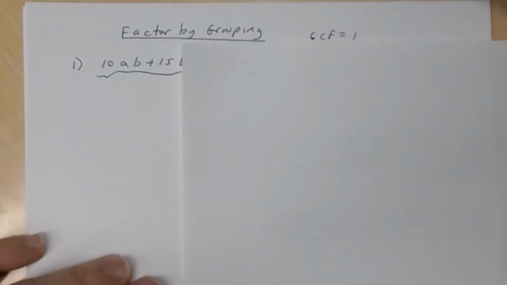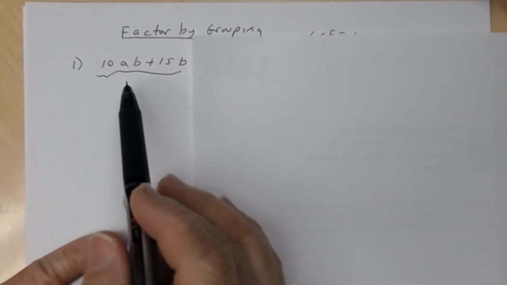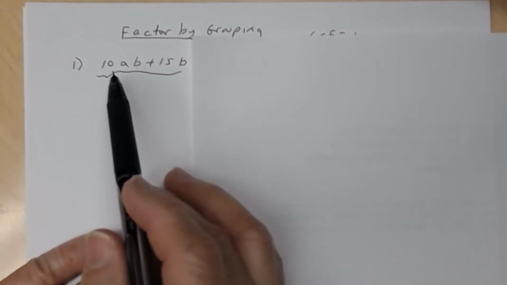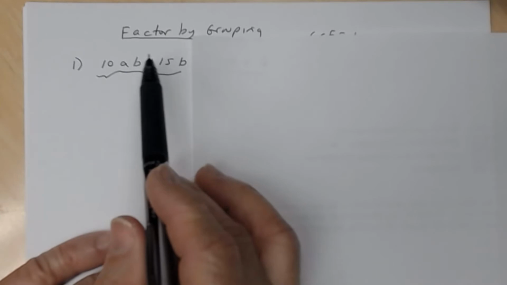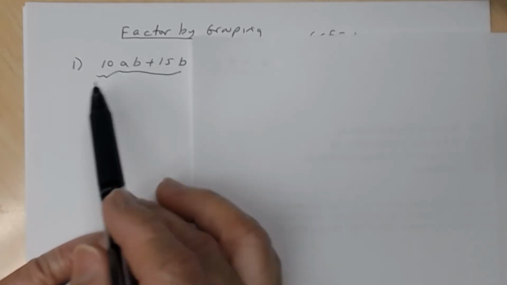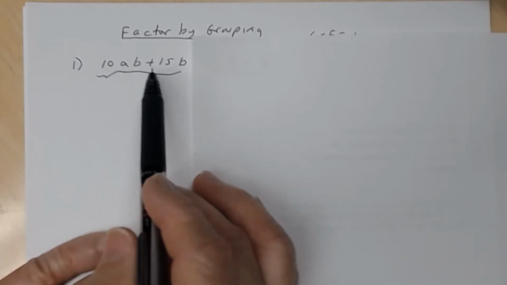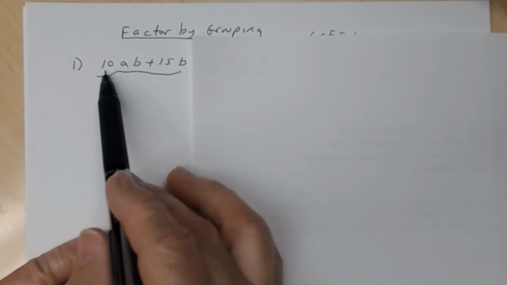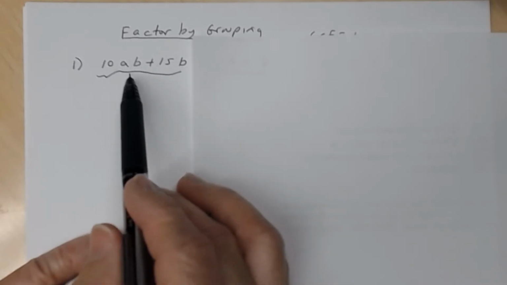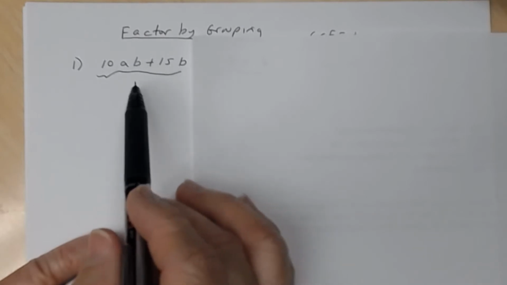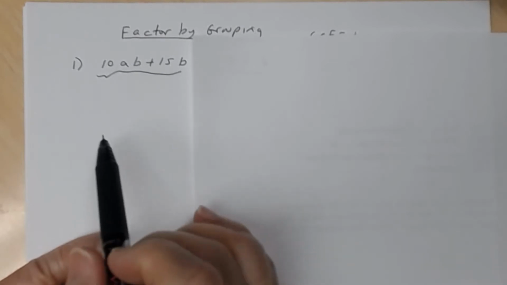Okay, so the way you want to approach this now when you factor by grouping: let's go ahead and cover that second group, and then we're going to ask ourselves, just as before, if all I had was this polynomial right here, what's the GCF? Well, you can see that the greatest common factor that 10 and 15 have in common is 5. And then for a, b, and b, the variables, the greatest common factor is b.